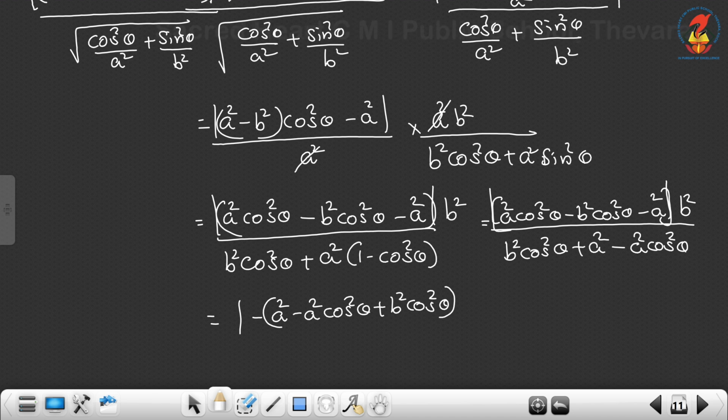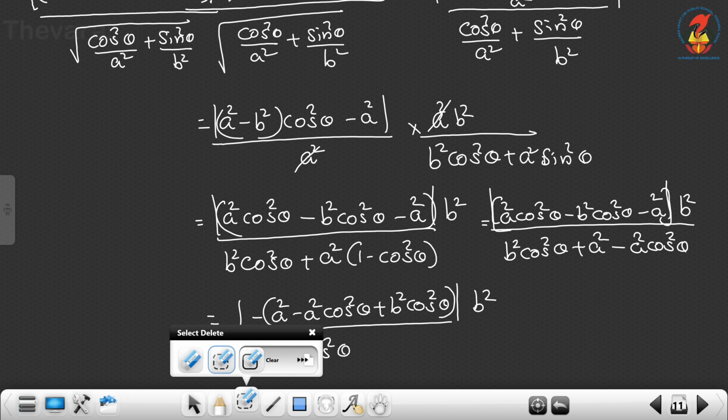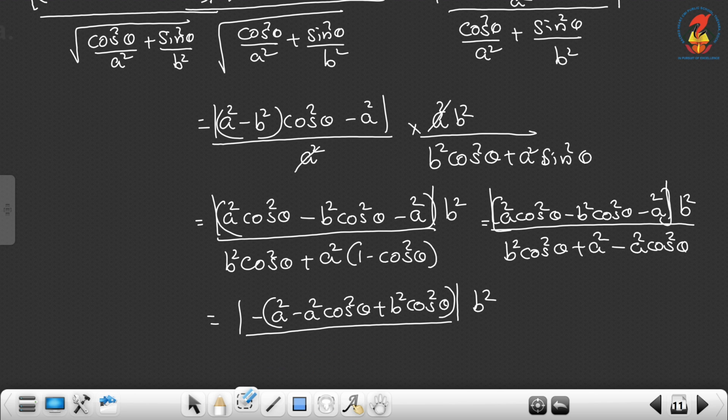Minus is outside by, then into b square, denominator b square cos square theta plus a square, or we can write in the proper order. A square is there, a square cos square theta plus b square cos square theta.